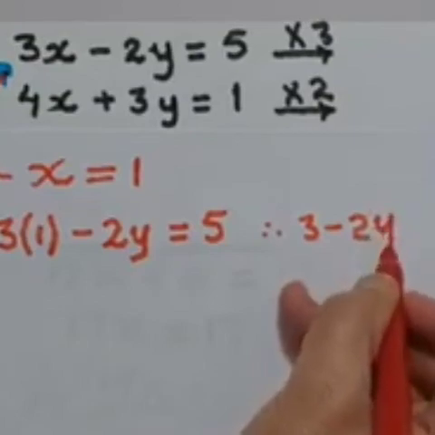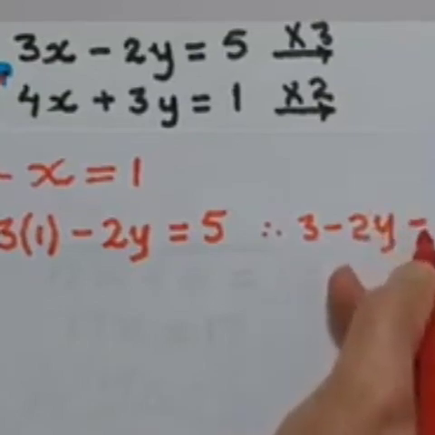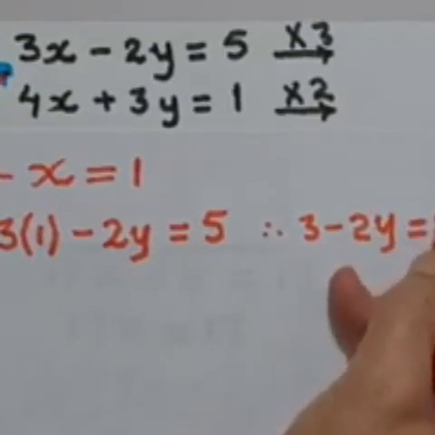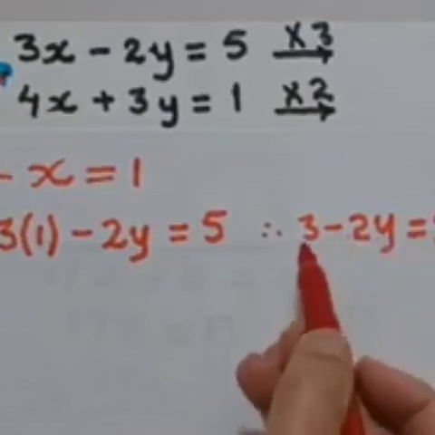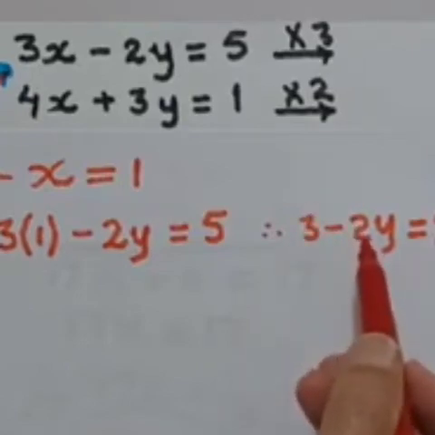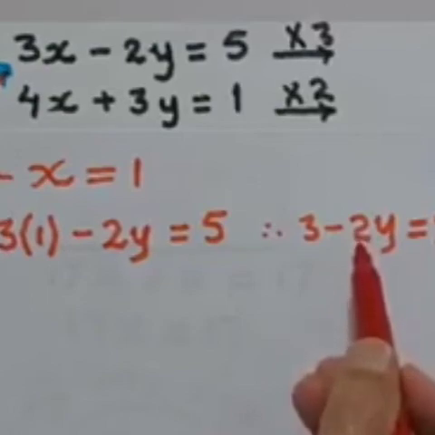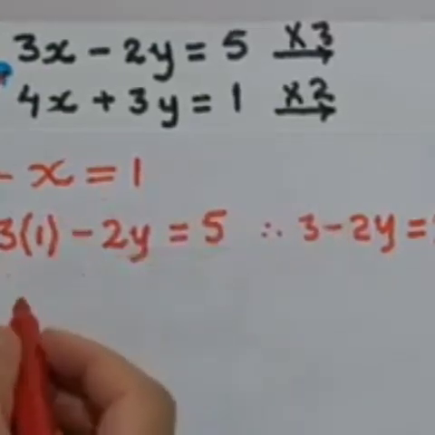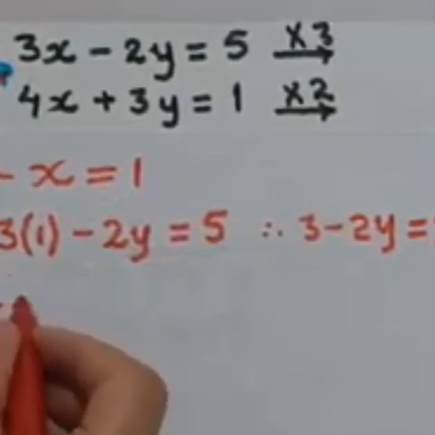We will do the same as we did in question number 1, where the first step we moved 3 to the other side of the equation. We'll do it here. First step, adding negative 3 to both sides of the equation.